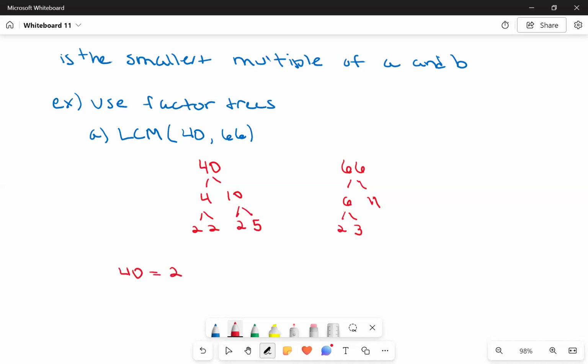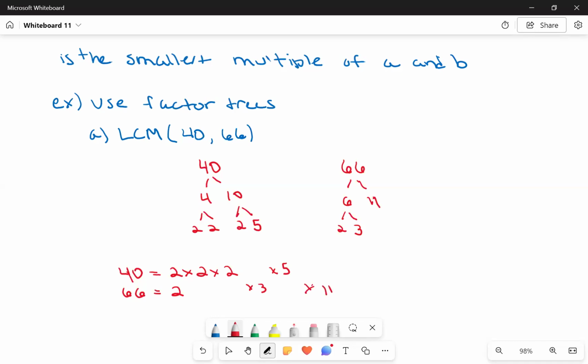So I have 3 2's, but then the other one has a 3. So I'm going to put a space for the 3 and then put the times 5. Okay, so then for 66, I have a 2, and then in that blank space there, I'll put the times 3, and then after that the times 11.